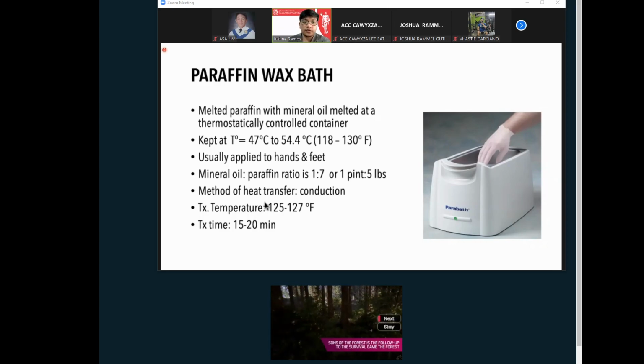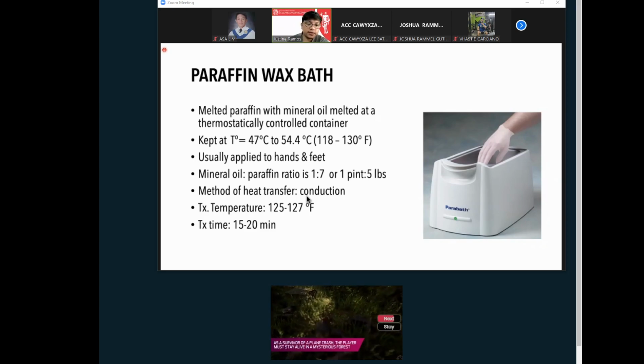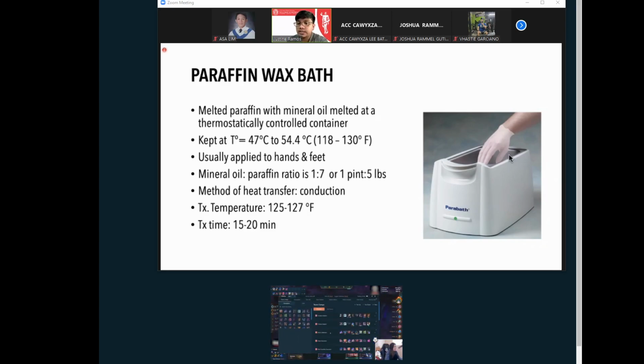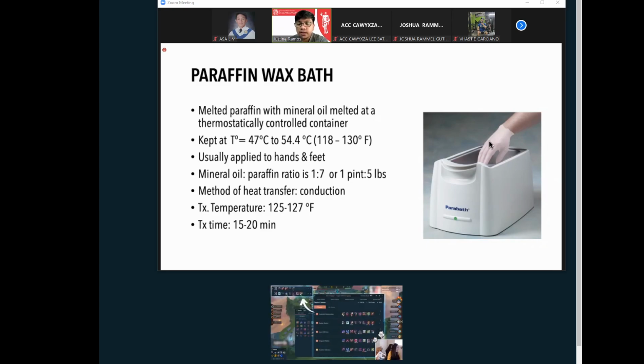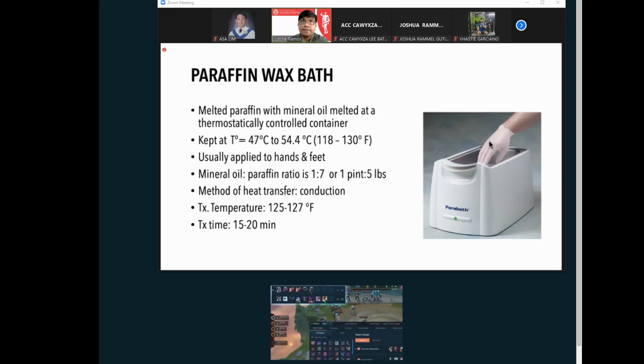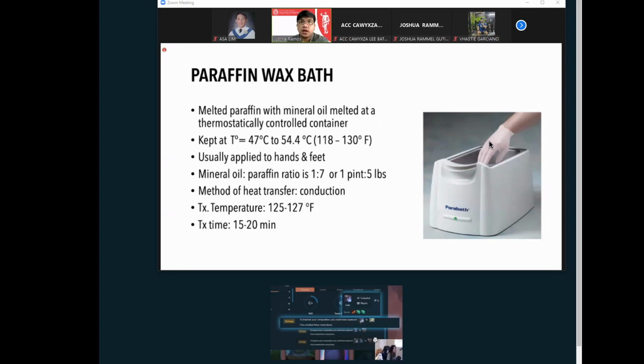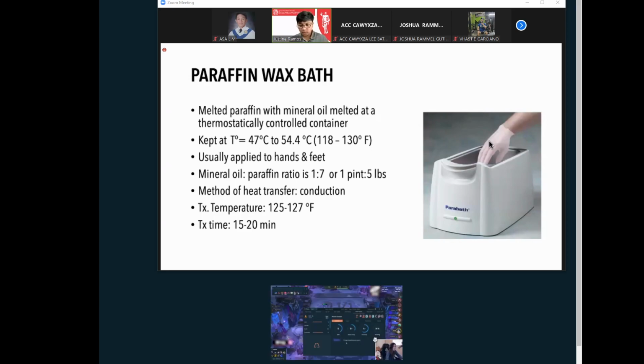So the method of heat transfer is also convection. Treatment time is 15 to 20 minutes because heat loss is quick in paraffin compared with your hot moist pack. So to minimize the heat loss of your paraffin, in the clinic, during my time, what we used is wax paper.